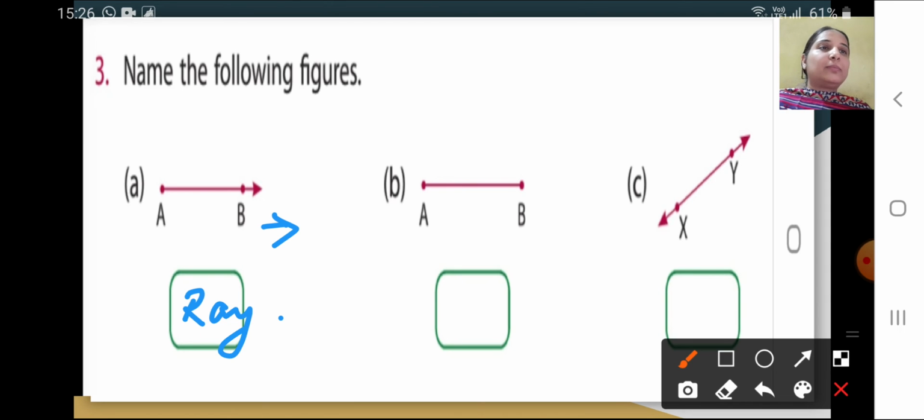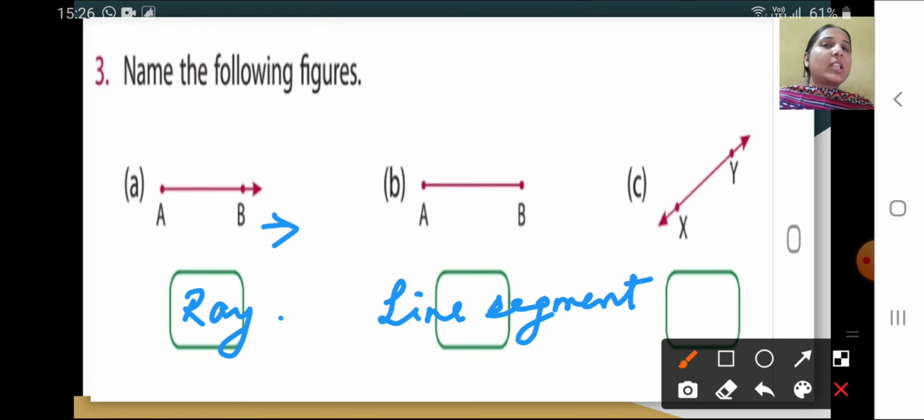Yes, it is a line segment. So we will write here line segment. Okay? You just have to name the following figures. Therefore, we are writing this is a ray, this is a line segment.